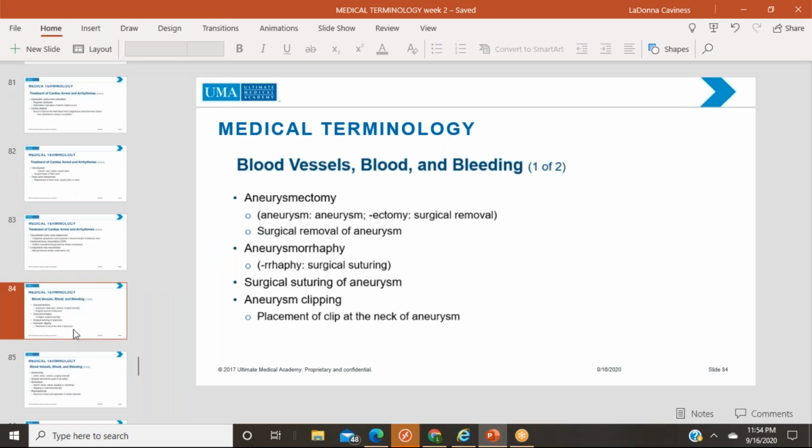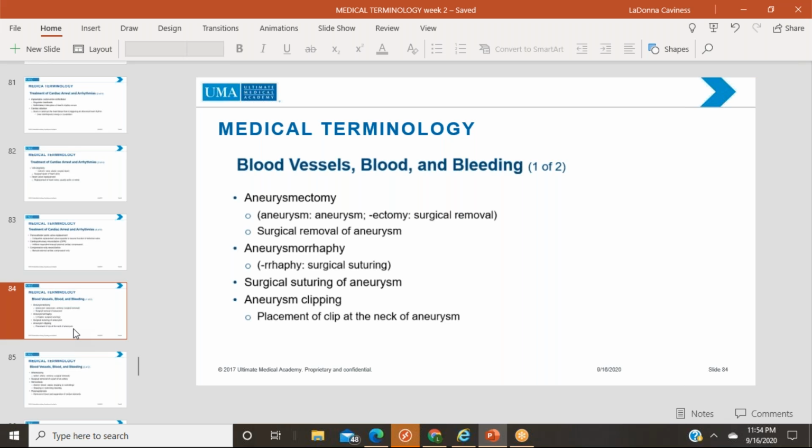Aneurysmectomy. Aneurysm refers to aneurysm, and ectomy means surgical removal. Surgical removal of aneurysm. Aneurysmorrhaphy, rrhaphy, surgical suturing. Surgical suturing of an aneurysm.